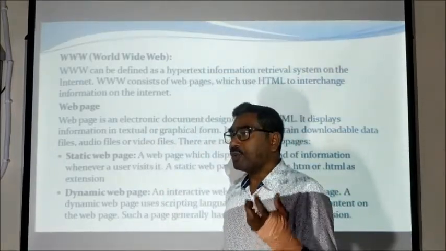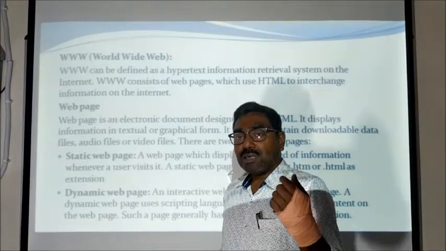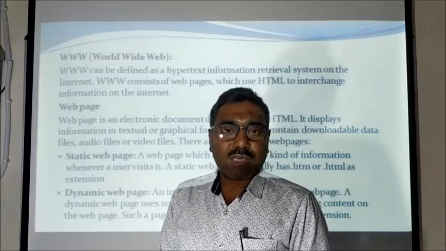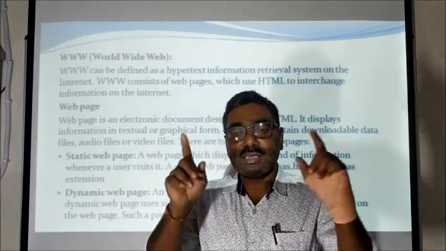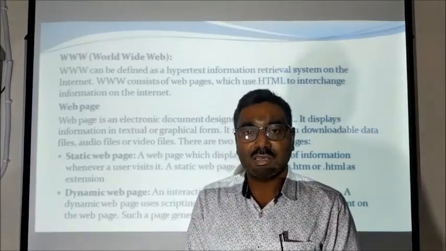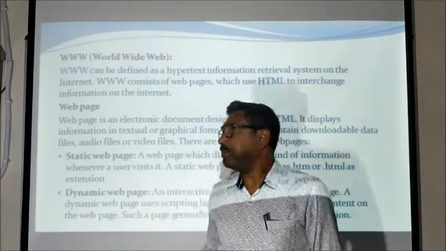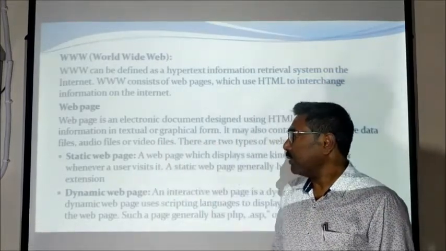For example, suppose you open the Google web page, google.co.in, each day the same page content will be displayed there. That kind of web page is known as a static web page.